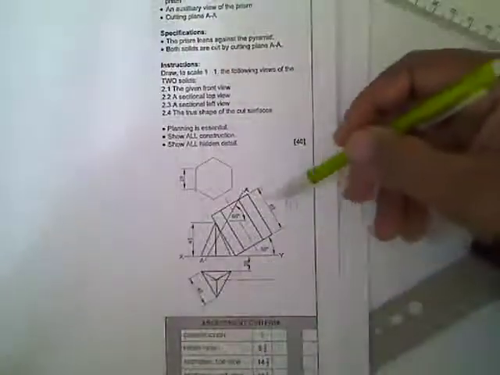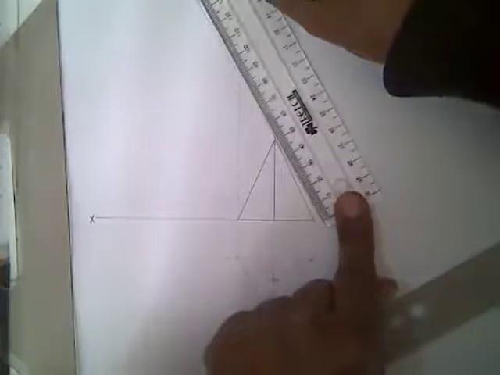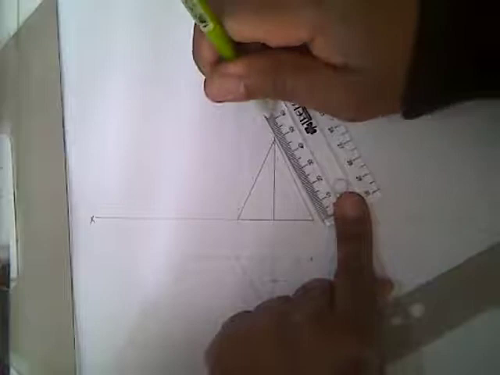I will measure. This side is 62. I'll measure my 62. There is my 62.